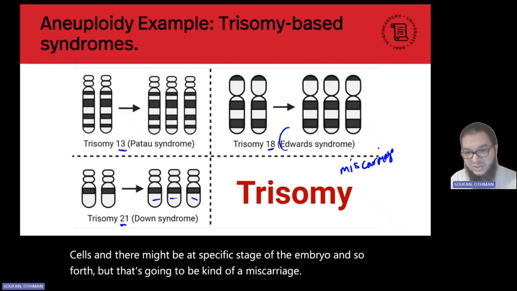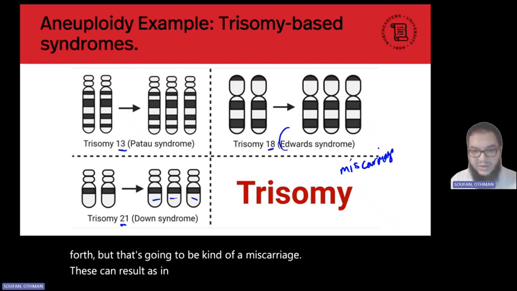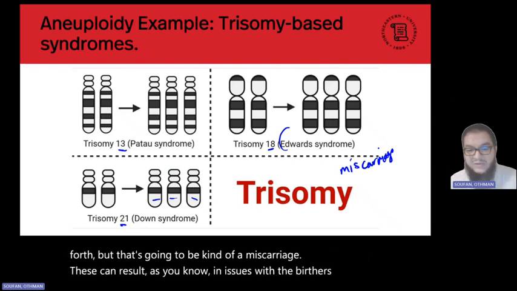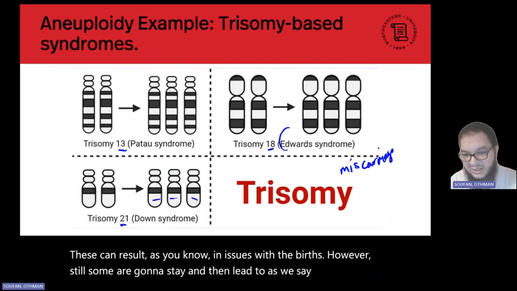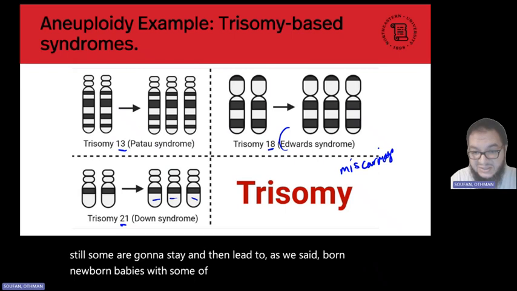These can result, as you know, in issues with births. However, still, some are going to stay and then lead to, as we said, newborn babies with issues like these diseases, and the reason is not fully understood why.